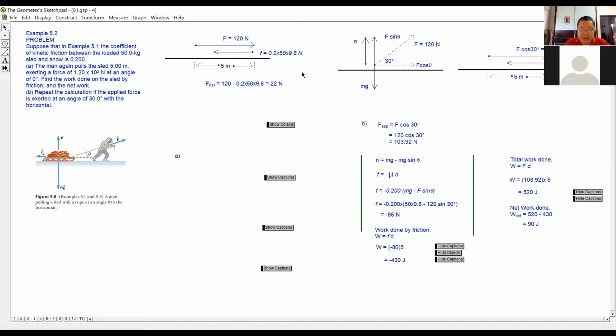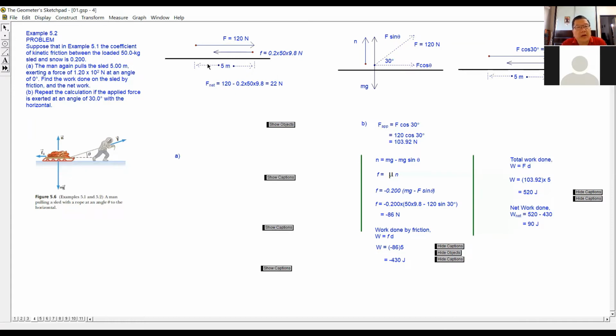So we have 120 newtons going to the right, and the frictional force going to the left. Under such condition, the man managed to pull 5 meters, the distance moved. We see that the force and the distance moved are in the same direction, so work is done. All the force is used to do work.